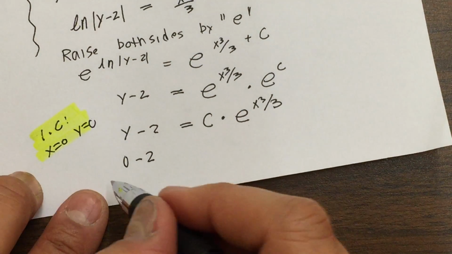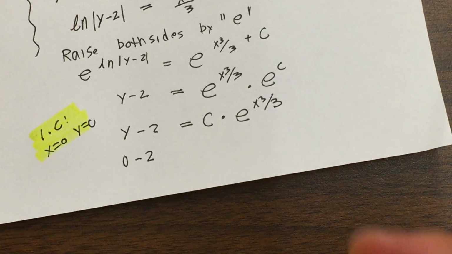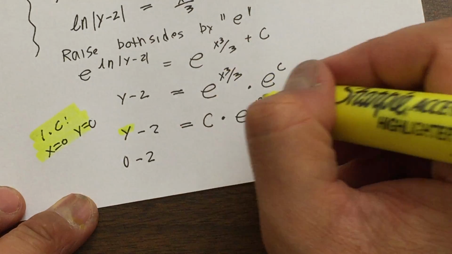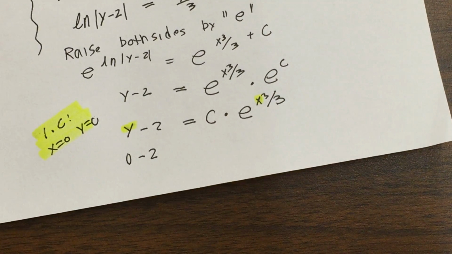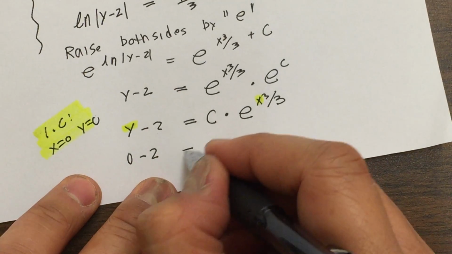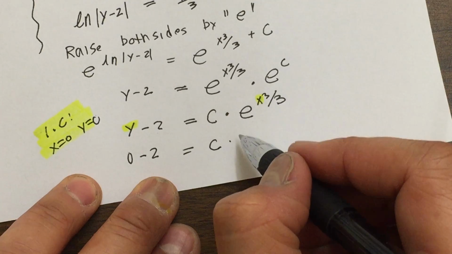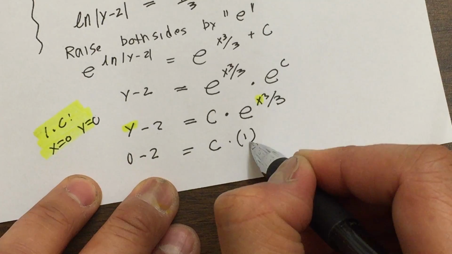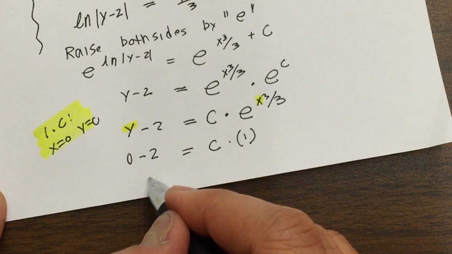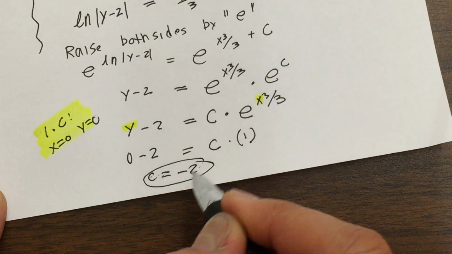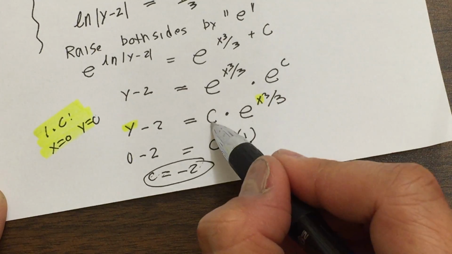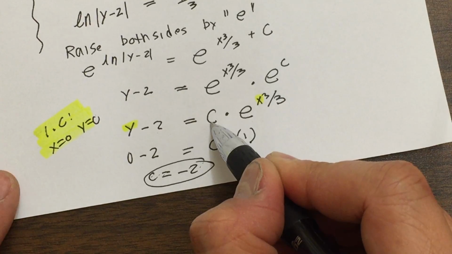Okay, plug those in. Y equals 0, x equals 0. Plug those in. We're going to get e to the 0, and everybody knows that e to the 0 is 1. So c comes out to be negative 2. Plug negative 2 in here, and you're done.